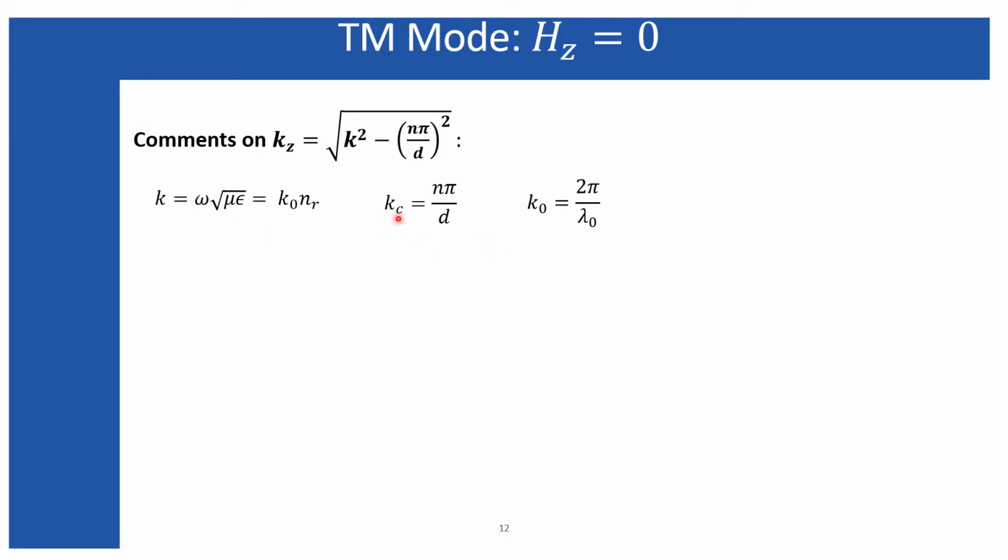Kc, which I defined in my earlier lecture as the cutoff wave number, we now have a solution for, and the solution includes only the separation because n pi are constants. So whenever you design a parallel plate waveguide by providing a finite separation between these two plates, you have automatically defined the cutoff wave number, and k naught is the wave number in free space.